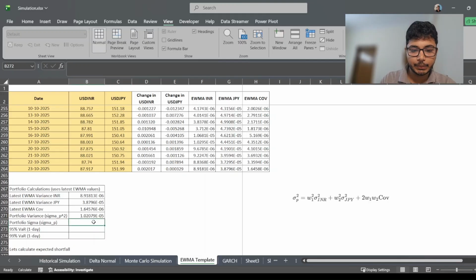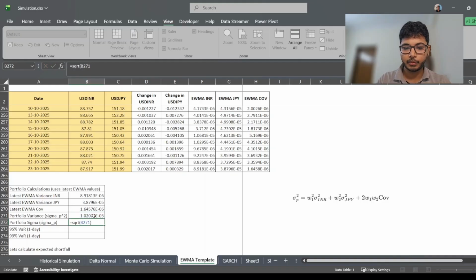So we received this value here. We received the portfolio variance and we can easily calculate portfolio standard deviation by taking the square root of portfolio variance.